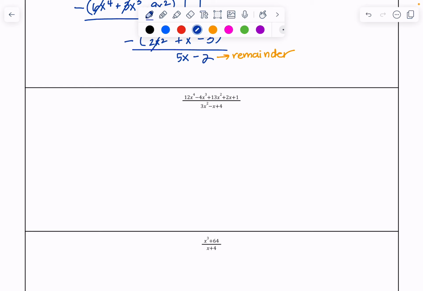Okay, so sorry, I'm going kind of slow, but we're going to rewrite that in our division symbol. Again, you have to write really tiny for these. So 12x to the fourth minus 4x cubed plus 13x squared plus 2x plus 1. And that's divided by 3x squared minus x plus 4.